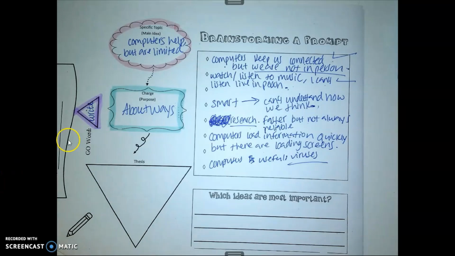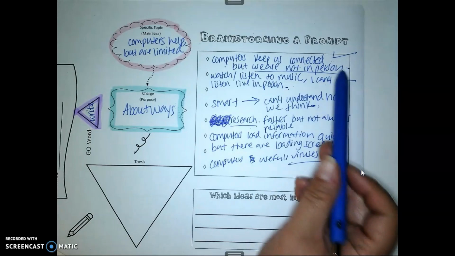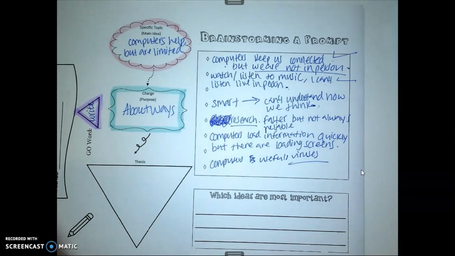So that's another way that computers are helpful but limited. You cannot do the things that you want to do on a computer sometimes that you can do when you're in person. So those are just a few brainstorming ideas that are hopefully going to help you get the gears moving in your mind and start making this topic your own.